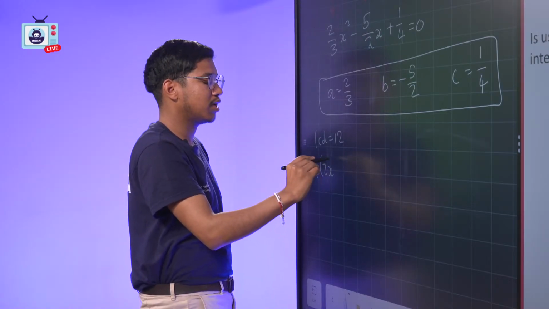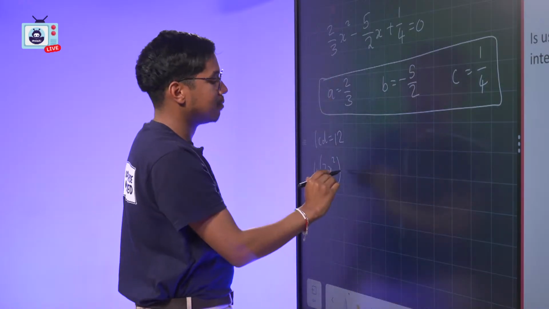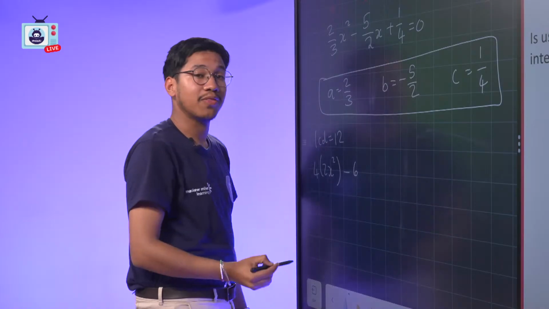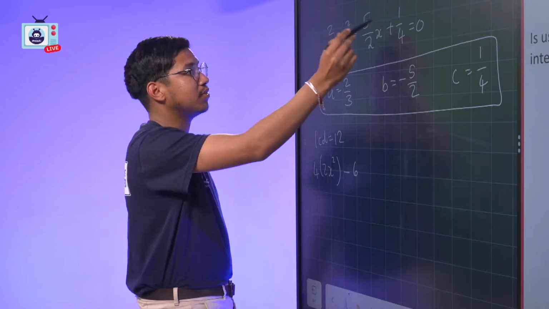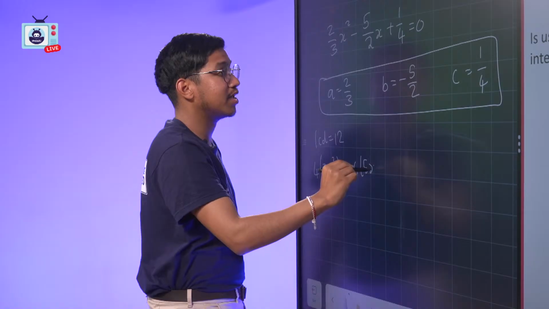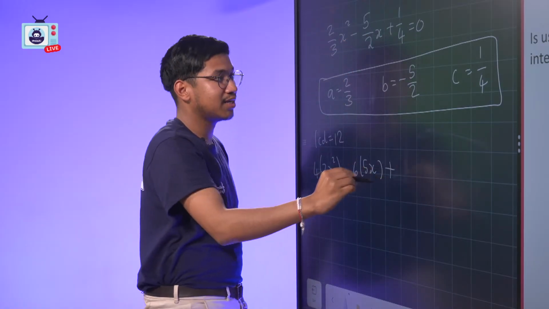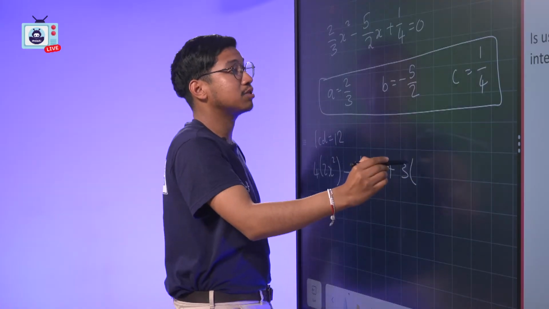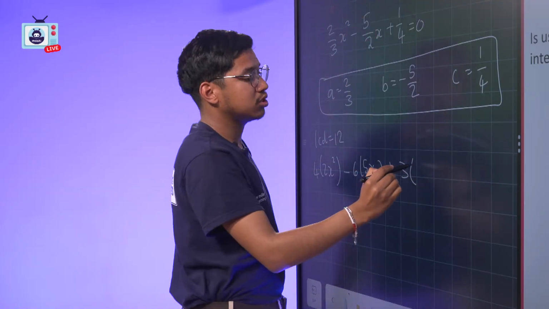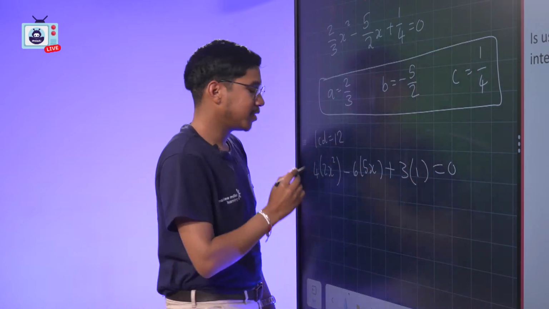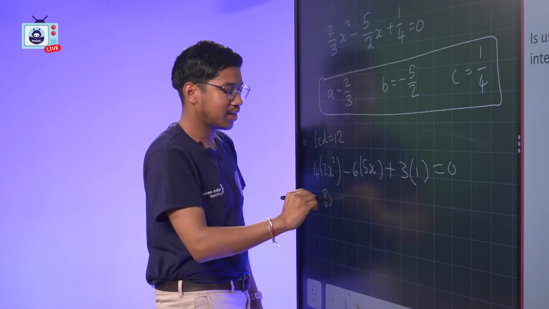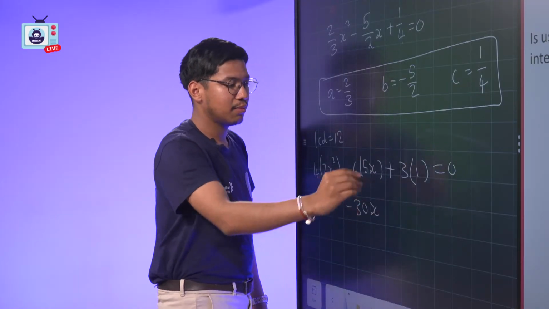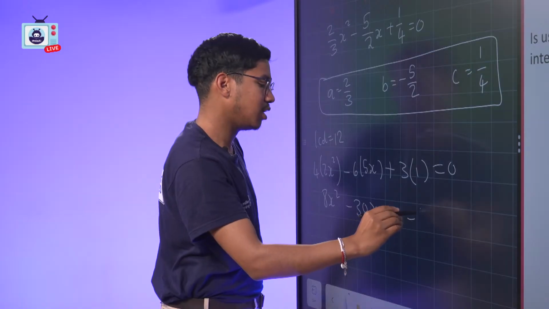Minus 12 divided by 2 is 6, and that I multiply by my numerator 5, so 5x. Plus 12 divided by 4 is 3, and that 3 I multiply by my numerator, which is 1, and that is equal to 0. If I simplify this, I get 8x squared minus 6 times 5 is 30x, plus 3 times 1 is 3, equal to 0.